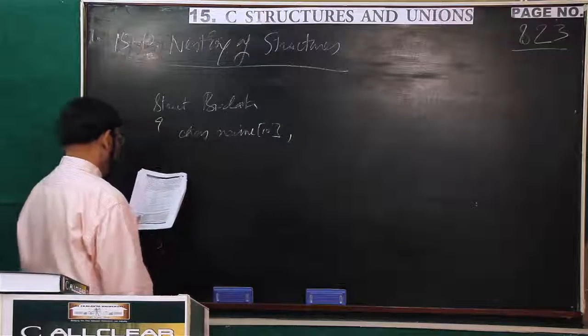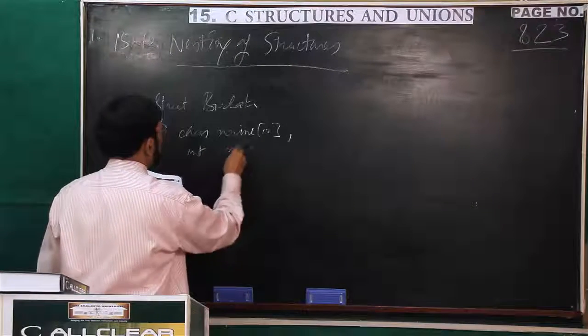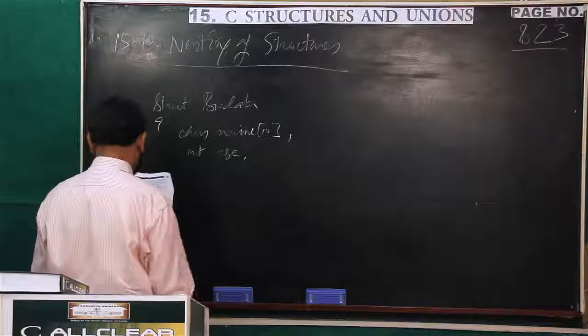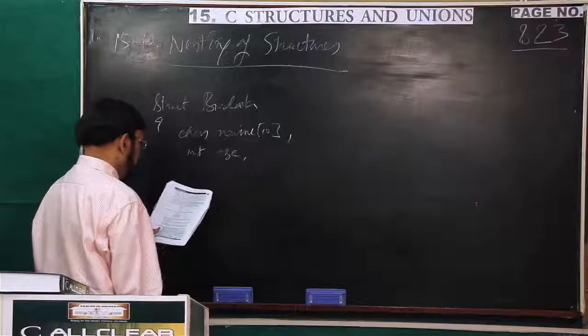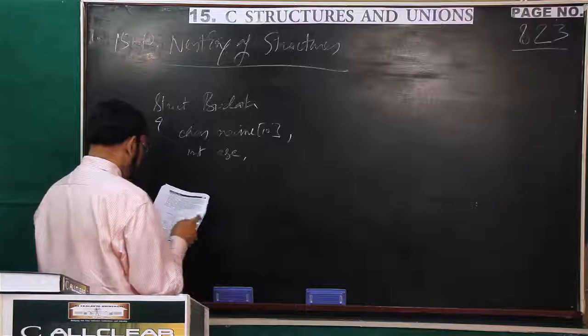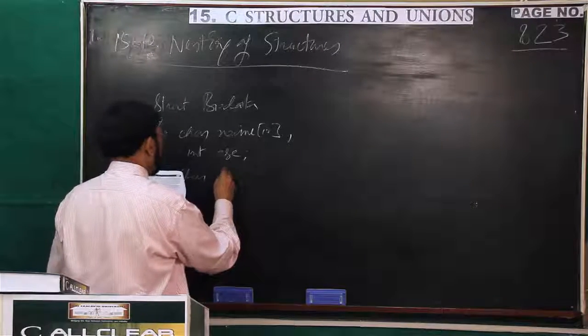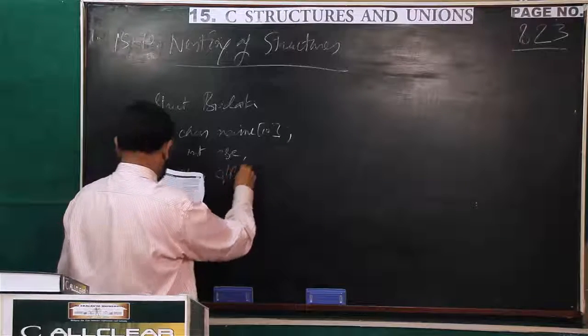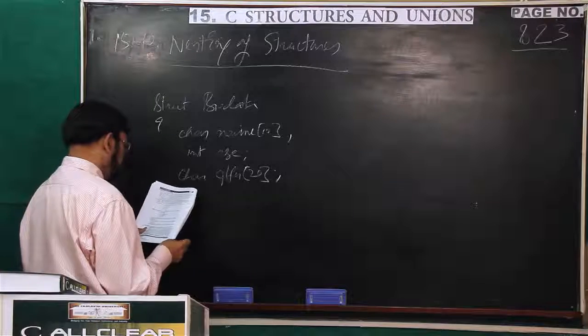Next, int age, one primary data type item. And char qualification[20]. It is a string.